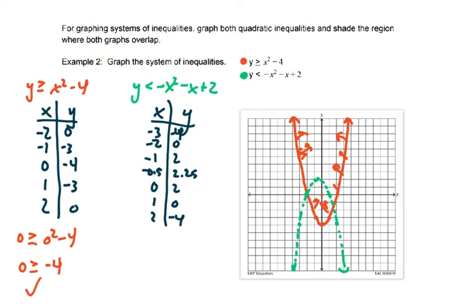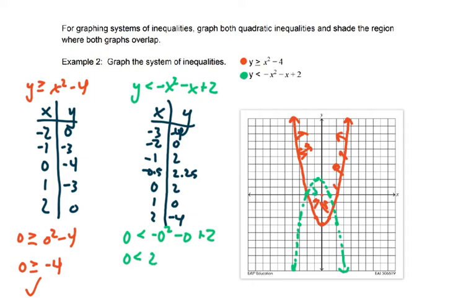And we don't know yet where both of them are shaded, because if we're shading outside the green one, we'll end up shading here. Basically saying, okay, we know we'll shade inside the orange one. And for the green one, test the same point. Is 0 less than 2? Yes.